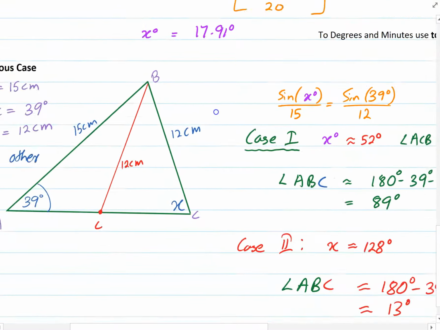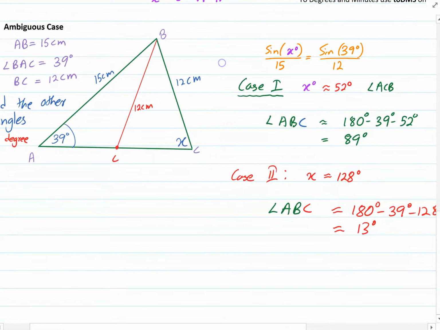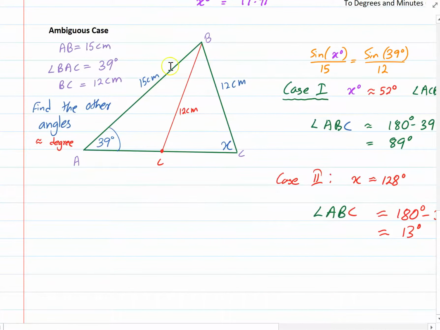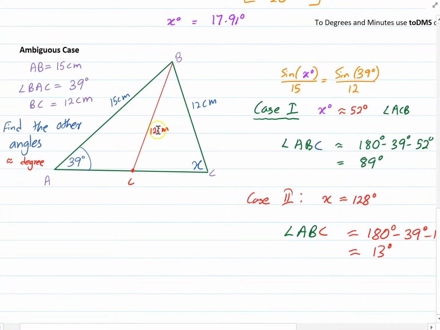Then if I look at the calculations again, you would simply apply the sine rule. 12 divided by sine 39 is equal to 15 divided by sine x, or sine x divided by 15 equals sine 39 divided by 12. You set them up, and then you will find one of them being an angle of 52 in this case.